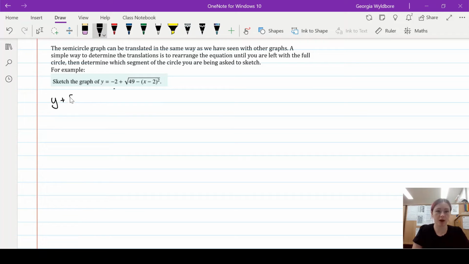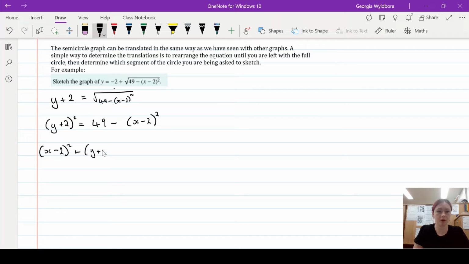So we would have y plus 2 is going to equal the root of 49 minus x minus 2 squared. Square both sides, we get y plus 2 squared equals 49 minus x minus 2 squared. Take the x minus 2 over, we get x minus 2 squared plus y plus 2 squared equals 49.